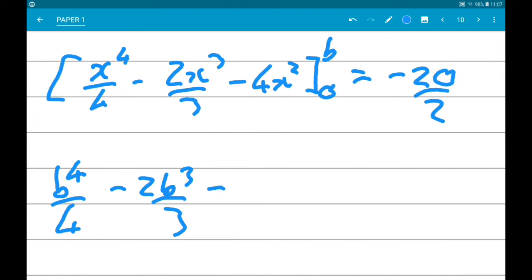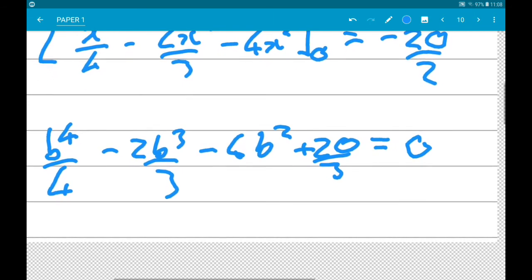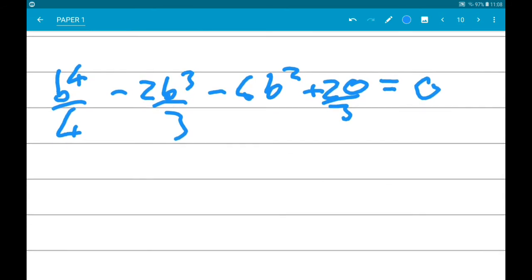Now that is equal to minus 20 thirds. Let's get everything on the same side, so that's now plus 20 thirds equals 0. Okay, now let's get rid of the fractions. So to do that, we need to multiply through by 4 and 3.